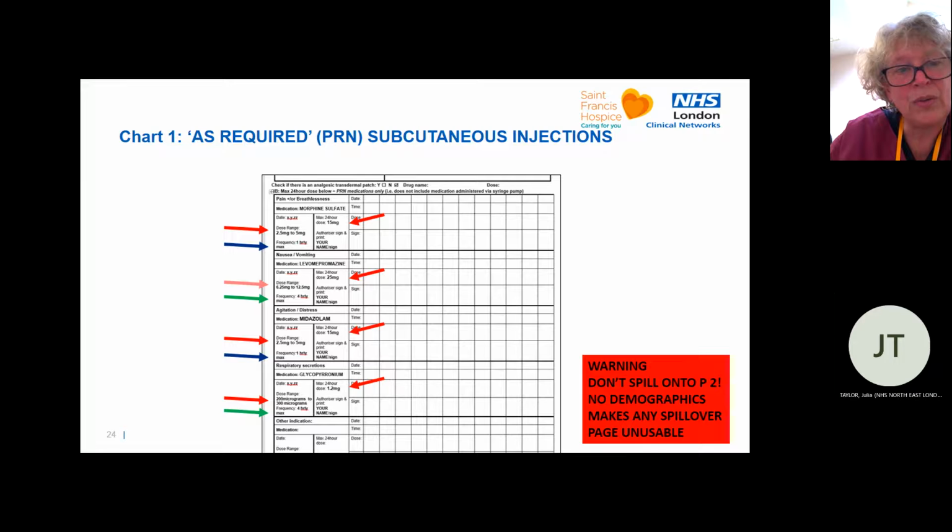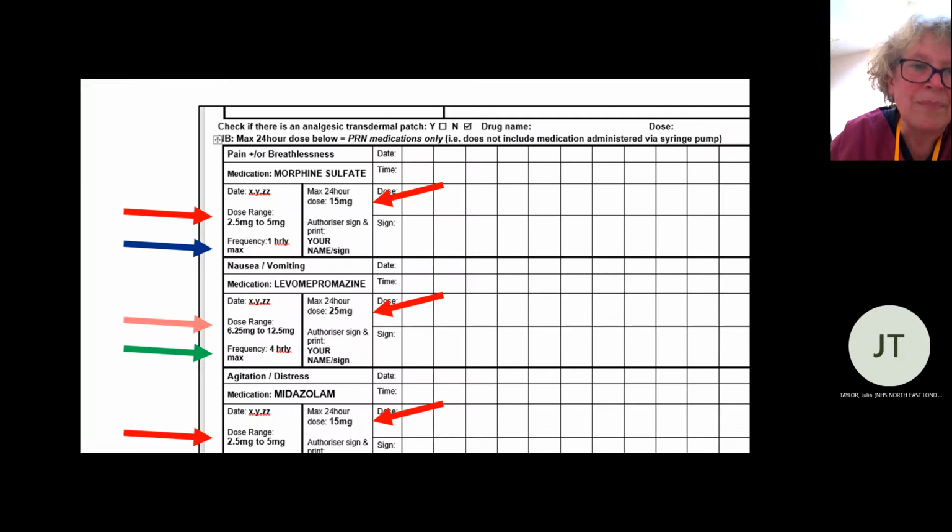Just to go into each individual element: range, frequency and maximum. So a standard start for morphine sulfate would be 2.5 milligrams to 5 milligrams. You see how I've written TO rather than a dash. The frequency 1 hourly max, and what I've done here is I've made my 24-hour max 6 times 2.5.